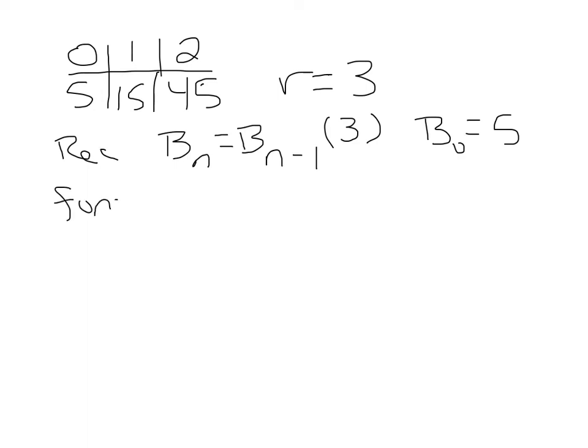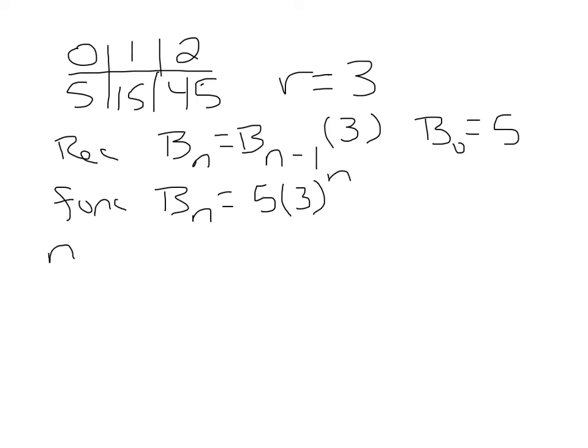The function formula memorized is B sub n is equal to B sub 0 times r to the n. So for this specific table, we will erase B sub 0 and put in 5. And we will erase r and put in 3. So 5 times 3 to the n.